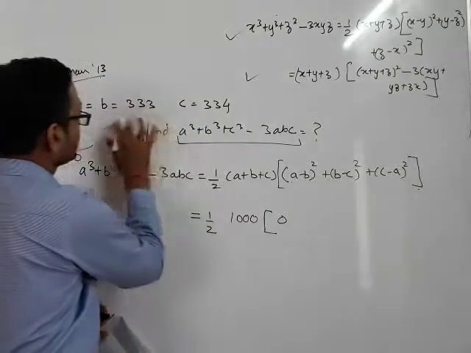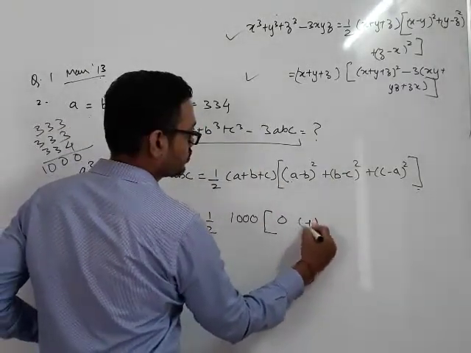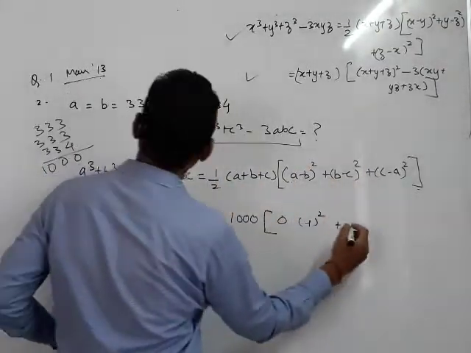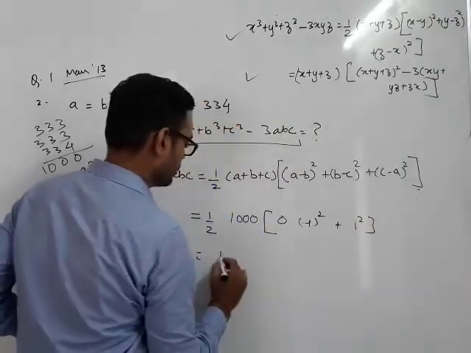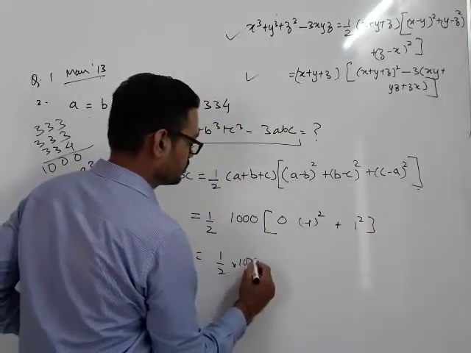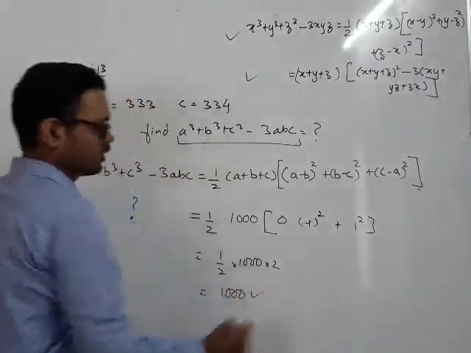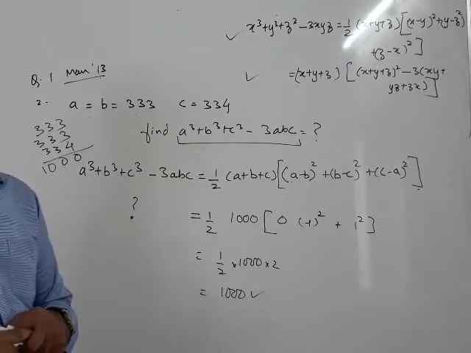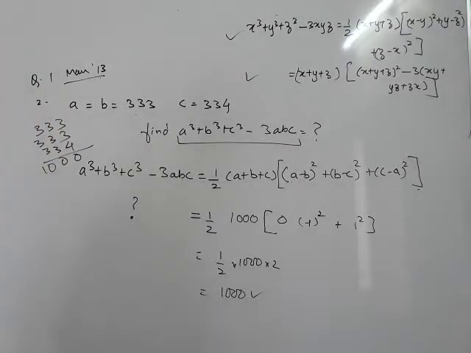B minus C is nothing else but minus 1 square, plus C minus A is again 1 square. So it's nothing else but 1 by 2 into 1000 into 2. Answer is 1000.